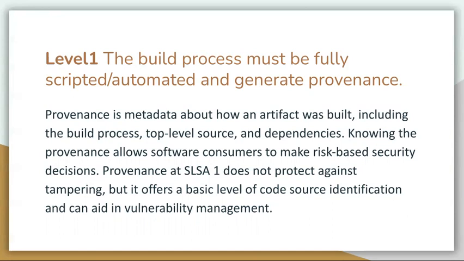So these are the things you are going to get at level 1. At least you will get vulnerability management and how you can manage the vulnerabilities inside your code. Obviously, this is not going to protect you entirely from tampering, which is of prime concern within software development, and the basic level of code source identification will also be there.